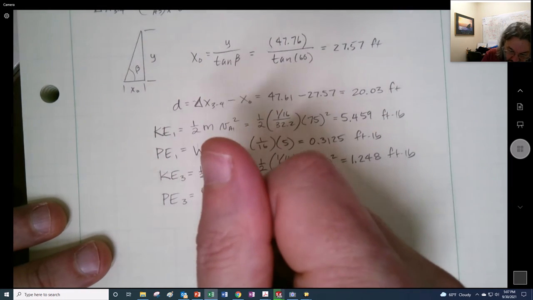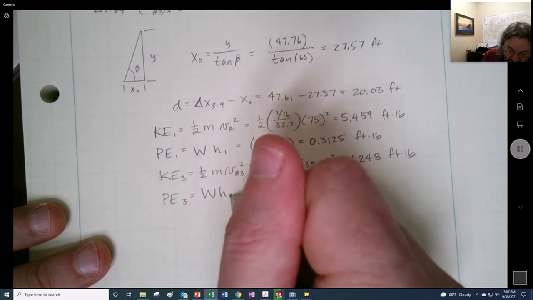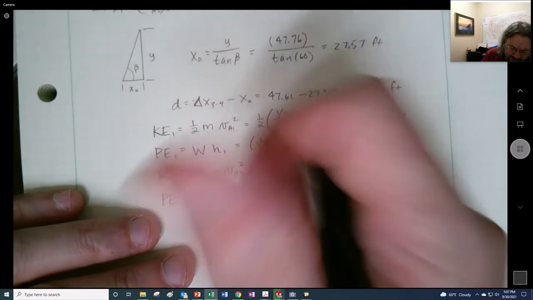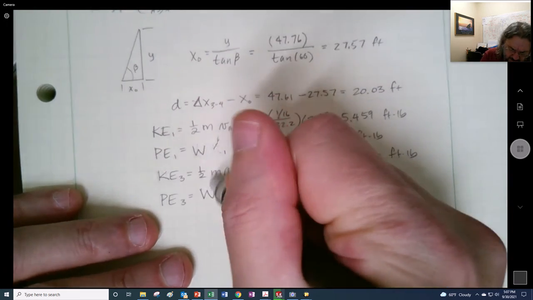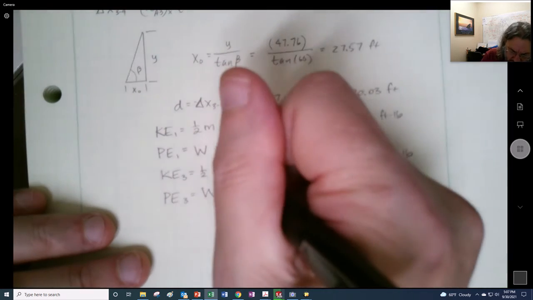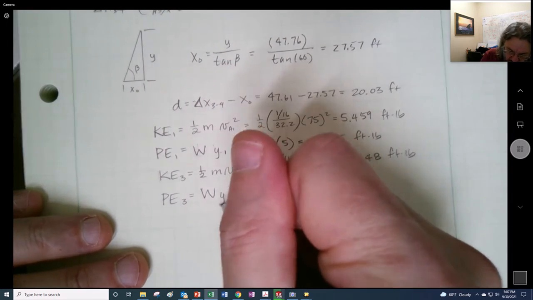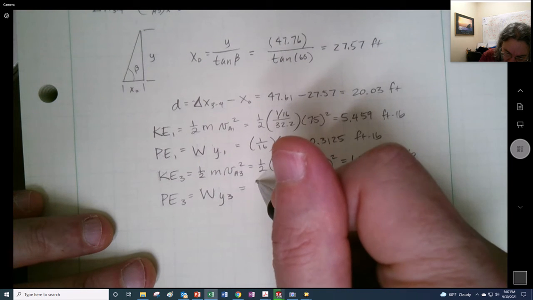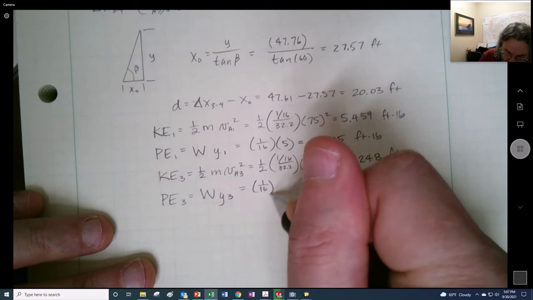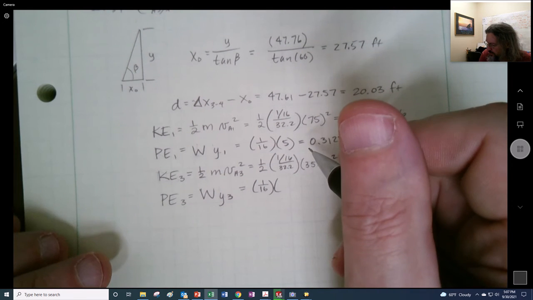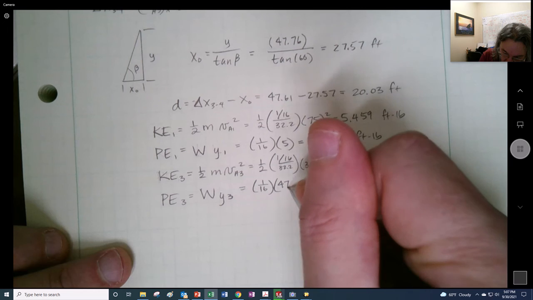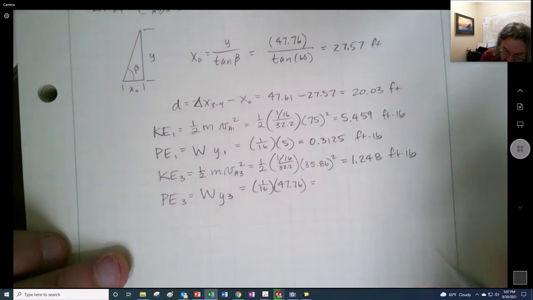And then we got potential energy 3, right? So that's going to be weight times H3, which is just Y3. This is the location of the thing. And so that's going to have 1/16, and we know the Y location is 47.76.